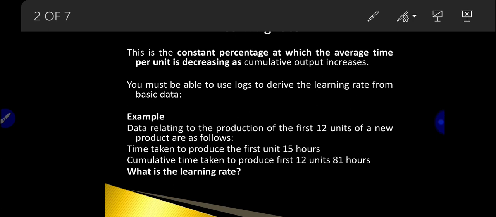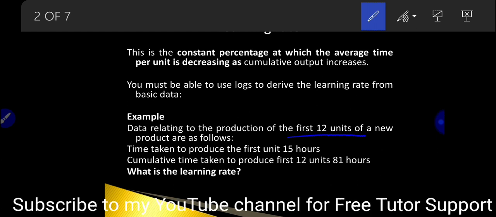Remember our formula, y equals a x power b. Now we have the first 12 units of a new product. That is our x. Remember, x in the formula is the cumulative number of units.